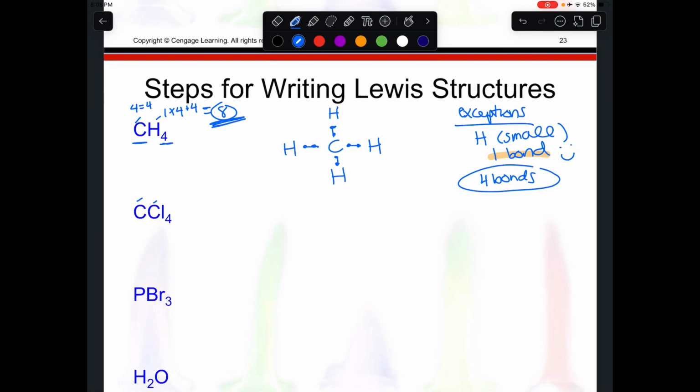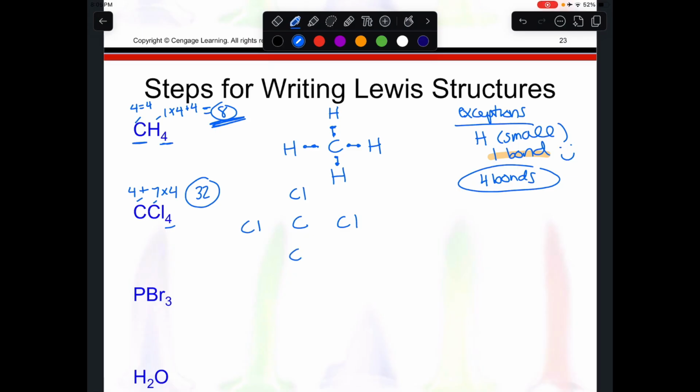Let's do this again. So we have CCl4. Carbon again has 4 valence. There's only 1 carbon there. Chlorine has 7 valence, and there are 4 of them. So we're going to do 7 times 4 plus another 4. So we have 32 electrons total. Now that's a lot more, but I'll show you where they're going to be placed. So center atom, always carbon if it exists.